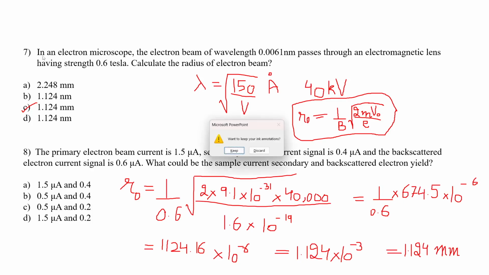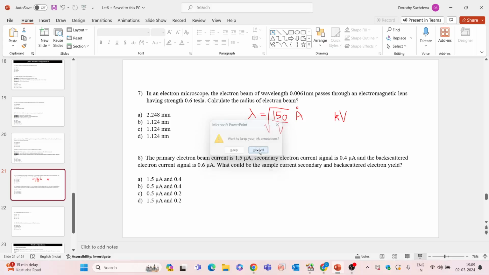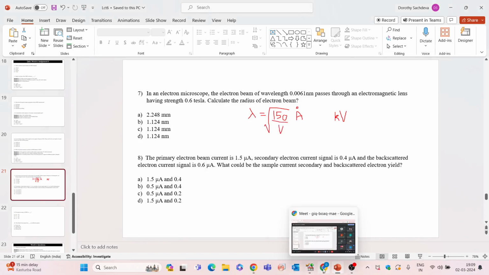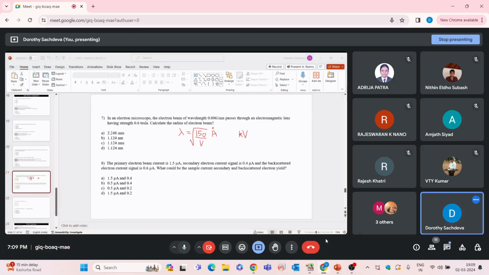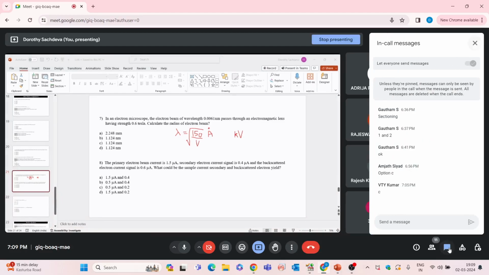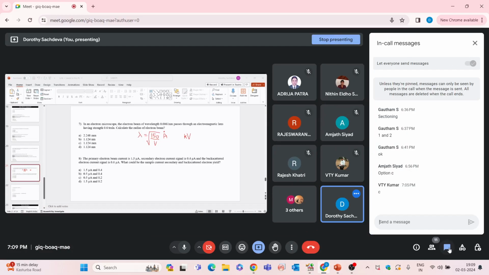Any doubts or any comments for this question? This was a very simple question. I asked all of you to solve it. VT Kumar also solved it and gave the answer as option C. Yes, you are correct.